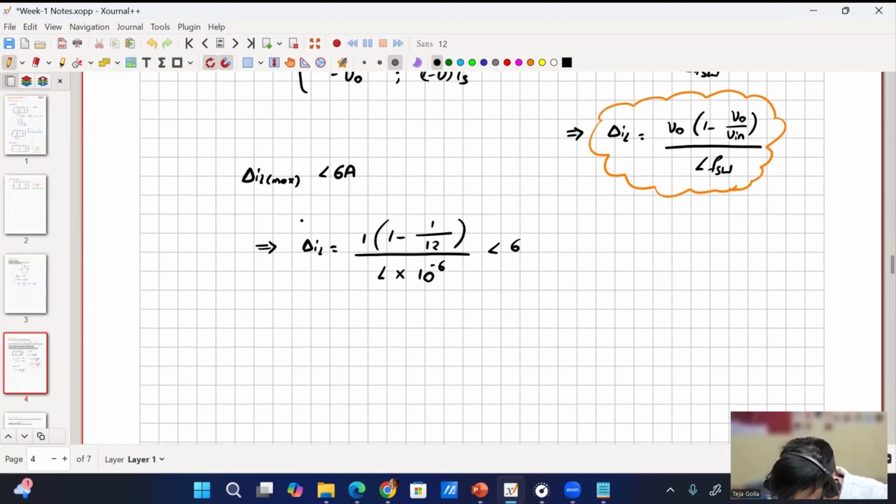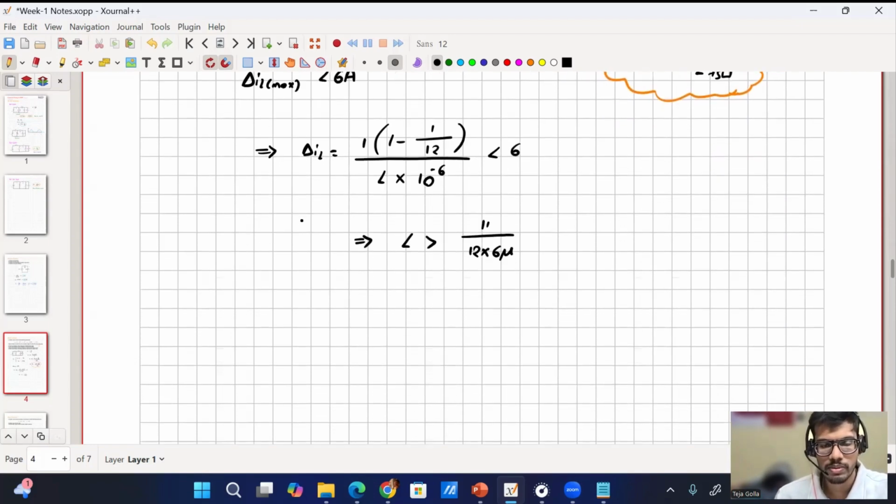Now I will take the inductance on the other side. Inductance is greater than 11 by 12 into 6 micro. Please calculate and let me know the value. What is the minimum inductance that we should design? L should be greater than what? Let me know in nanohenry. It will come in nanohenry.